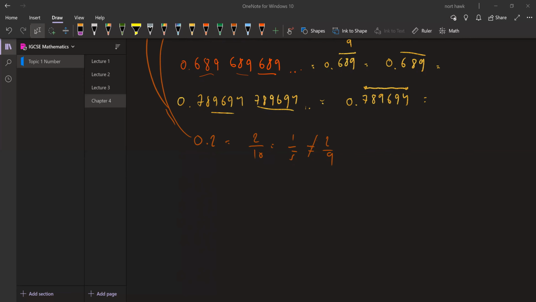Now, let's say that you were given 0.44444, right? That it repeats, and you want to convert it into a fraction.